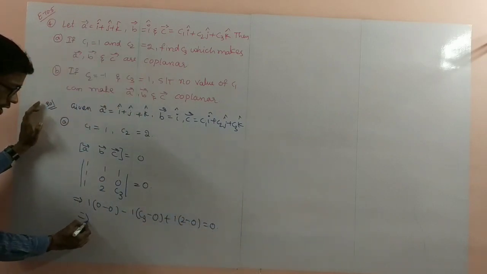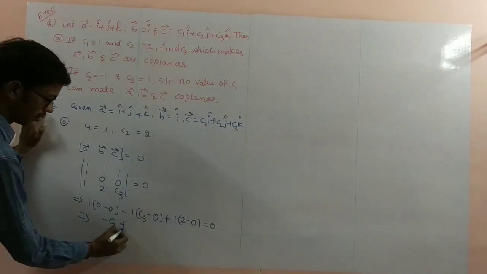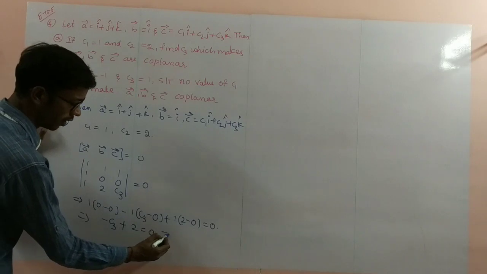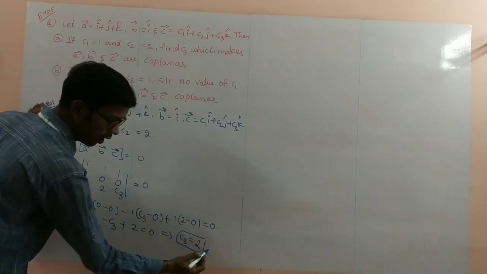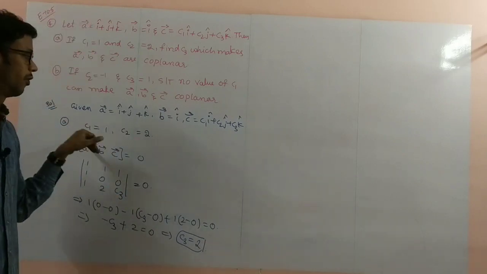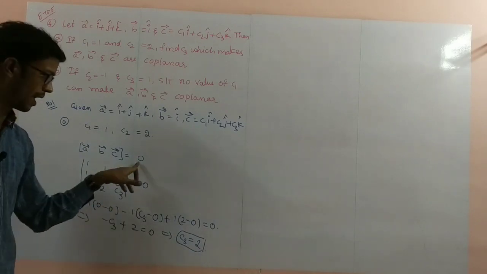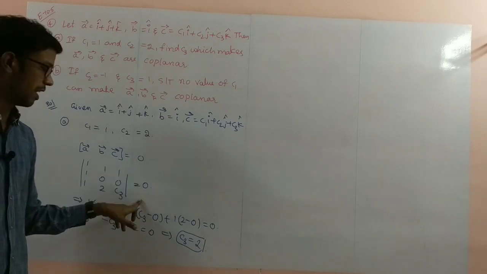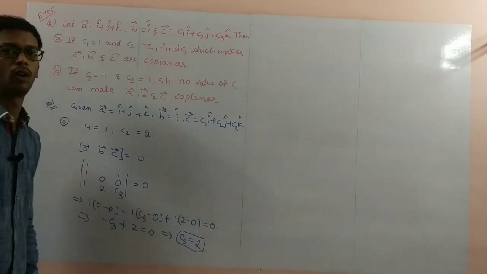Simplifying, minus C3 plus 2 equal to 0. That implies the C3 value is 2. If C3 value is 2, the vectors are coplanar. Coplanar means the determinant value should be equal to 0. When it is 0, the C3 value is equal to 2.